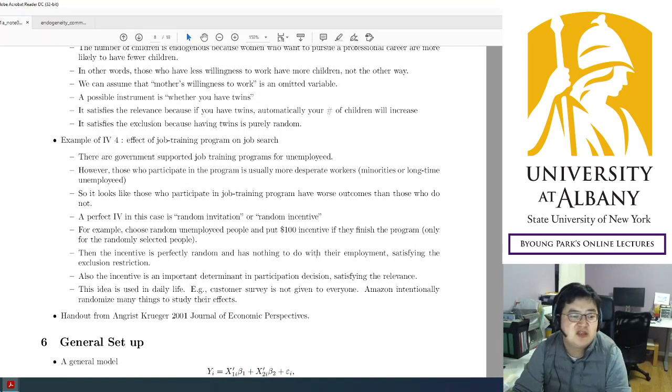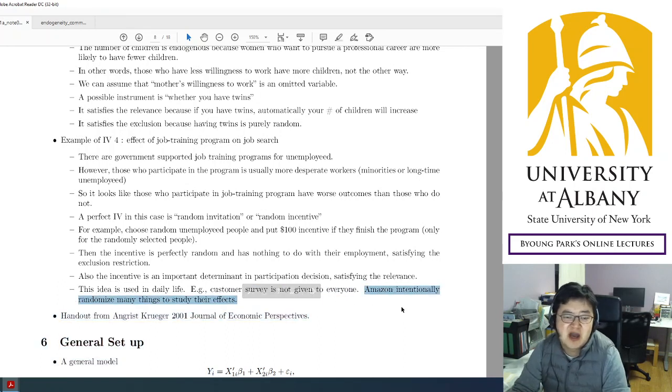That's all you need. So for example, Amazon, maybe I don't know what they are doing, but I heard from a friend who is working at Amazon that they randomize a lot of things to see how their customers respond. For example, they intentionally make errors or intentionally ignore errors to see how the customers react to those errors.